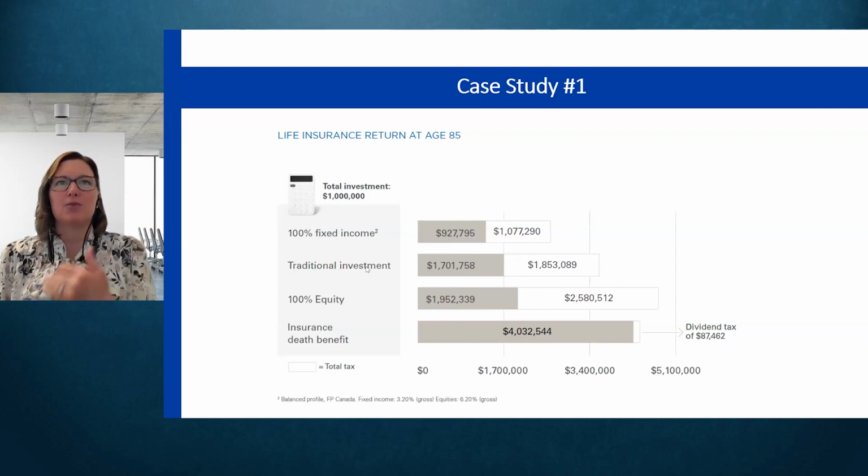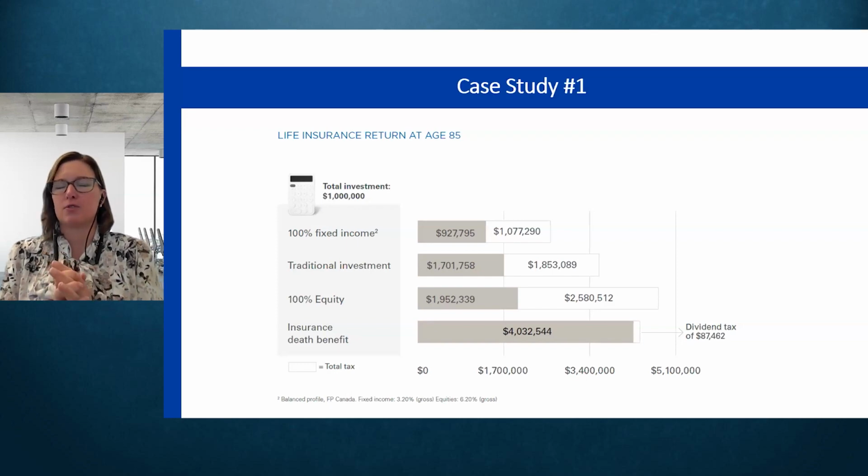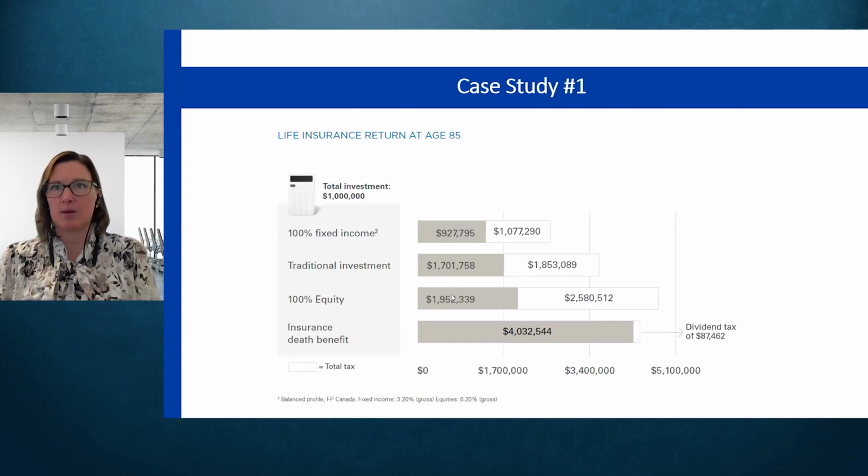If you were to put it in a traditional investment, perhaps something like a mutual fund with 60% equities, 40% income, you're going to grow the value, yes, but it's still going to have a significant amount of tax taken off the top. What if we did 100% equity, or stocks? Yes, they're growing it, but there's a big chunk of the overall asset that's going to be taxed at the end of the day.